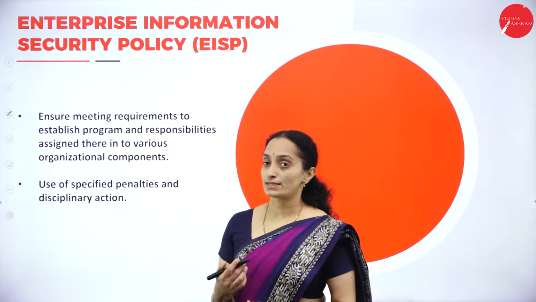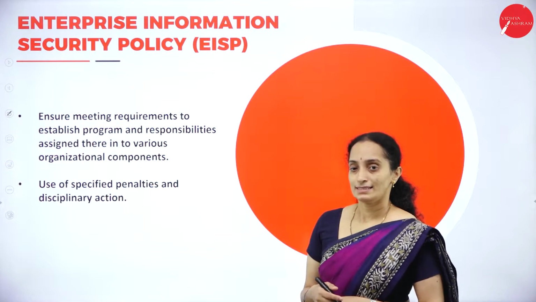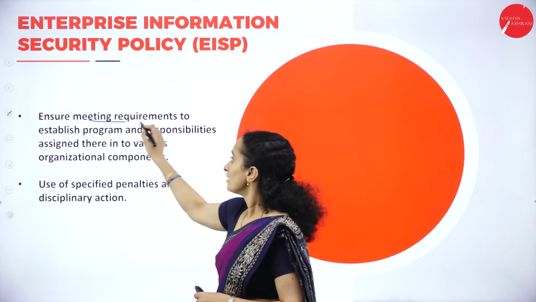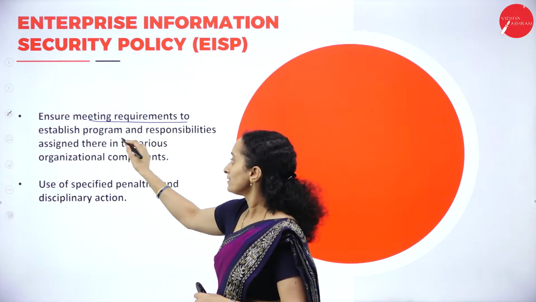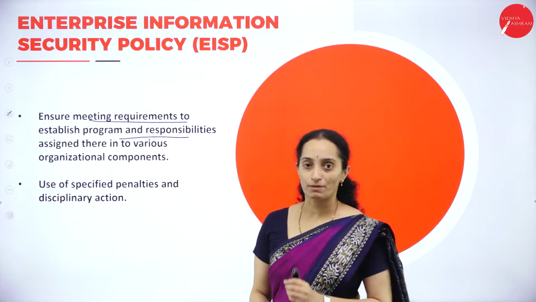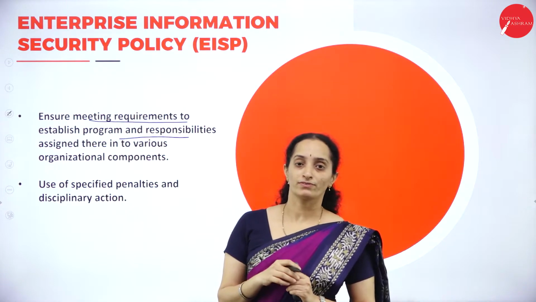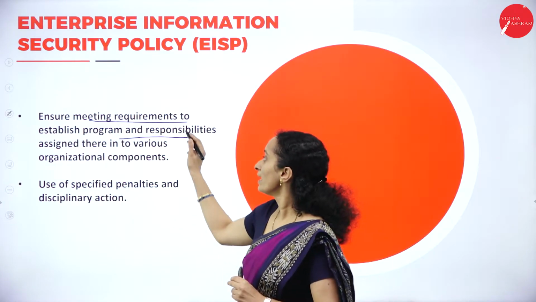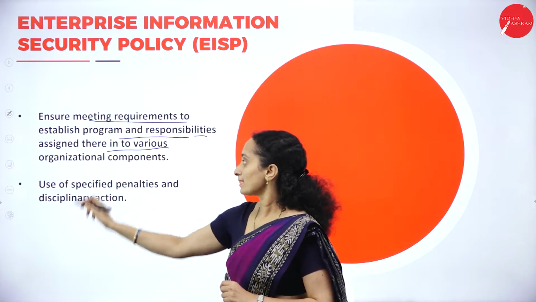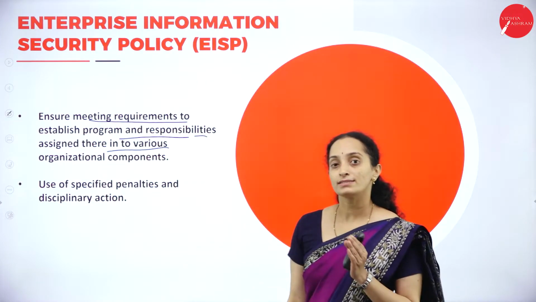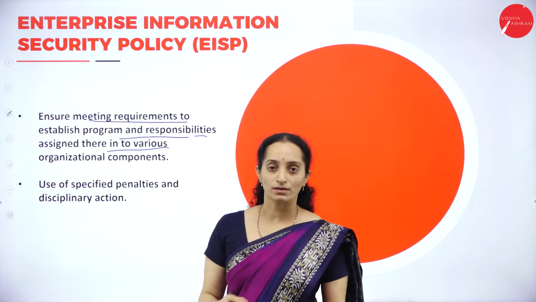The next thing you need to consider in the EISP is that it must ensure the requirements to establish a program. If we are establishing a particular program or software through the network, it must meet the requirements and responsibilities assigned to the various organization components.